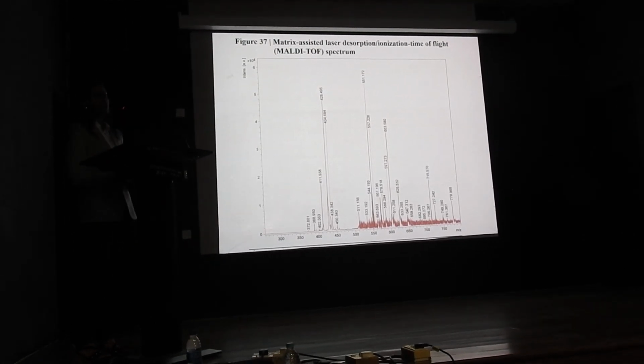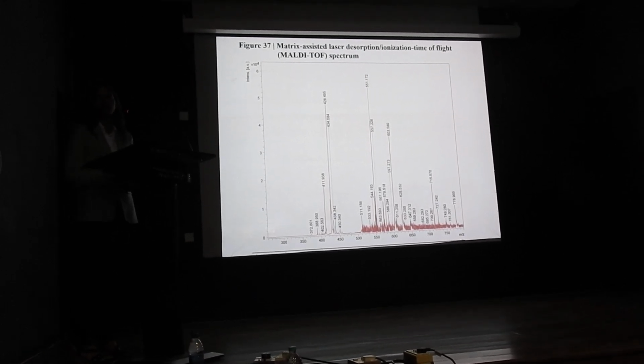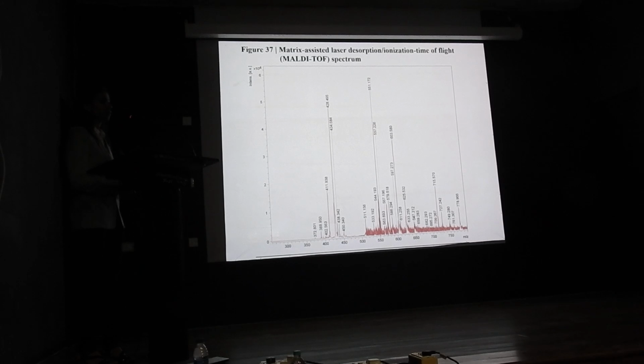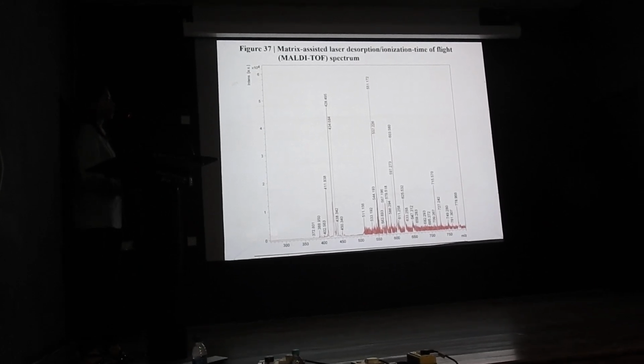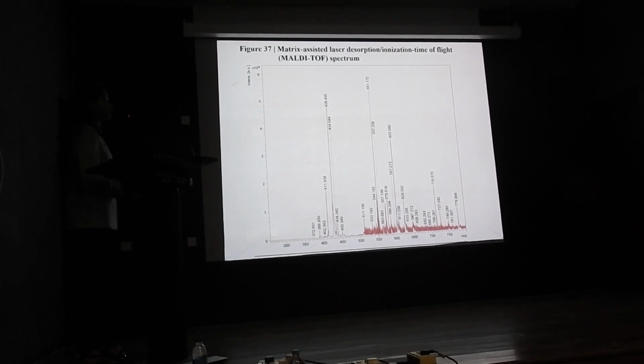MALDI mass spectrometry was done to see the different fragmentation patterns taking place in these melanins, because melanin is a very complex structure. The highest m/z value was around 778, and around 32 different fragments were obtained.